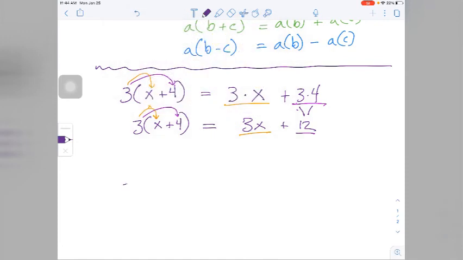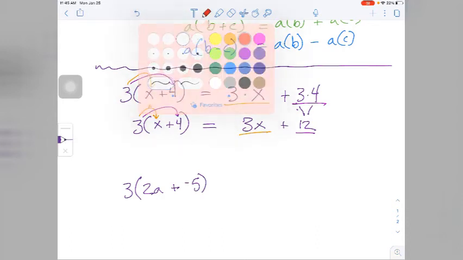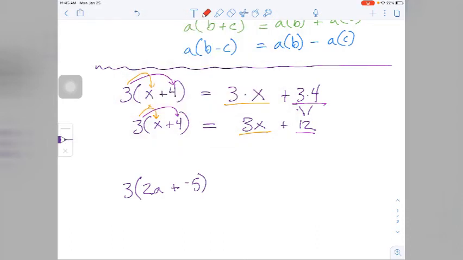Now, let's try another one. What happens if you see something like this? 3 times 2a plus, it doesn't matter, -5. So I'm going to do the same thing. I'm going to do 3 times 2a.